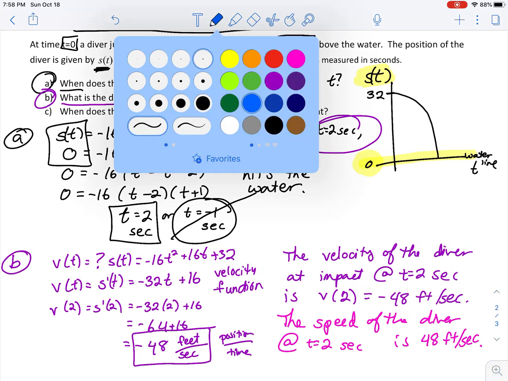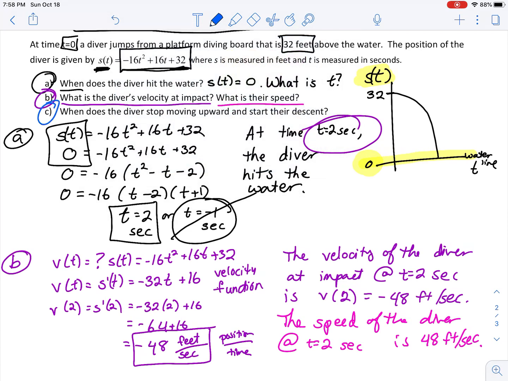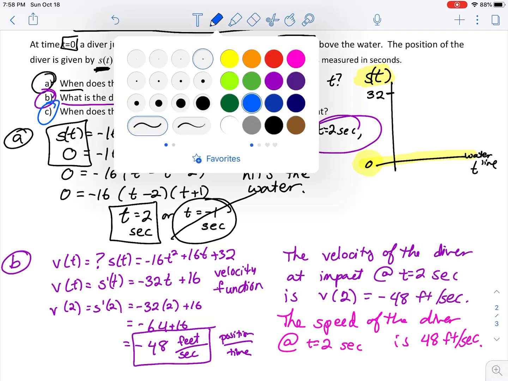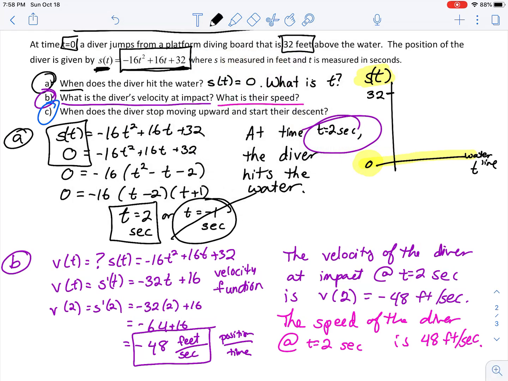All right, part C, let's do blue for that one. When does the diver stop moving upward and start their descent? Interesting. Well, let's think about how I drew this and what our zeros were for our function. So we know t equals 2, we hit the water, and the diver started down low at negative 1.